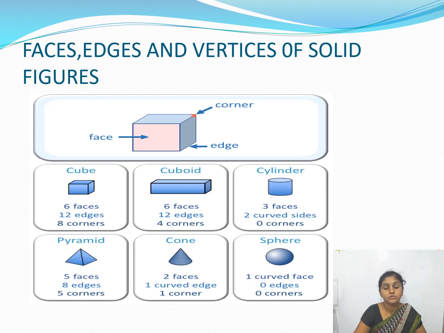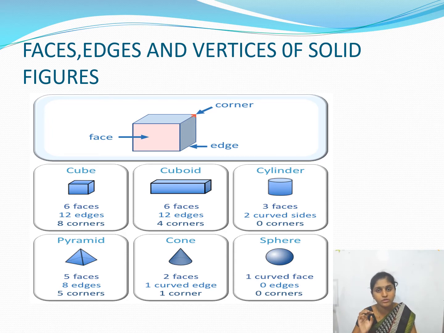Next, now we'll study faces, edges and vertices. Already I have explained with the 3D shapes. Which shape is this? It is a cube. Using this we have studied which one is the face, which one is the vertex and which one is the edge. What do you mean by vertex?